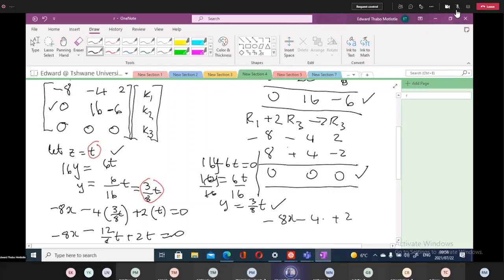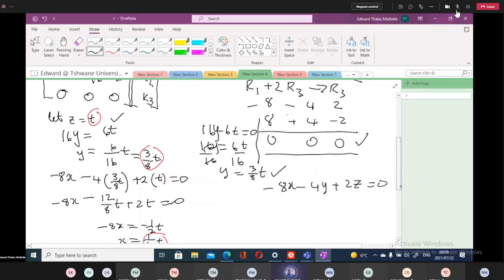So this is X, Y, z equals to 0. So we substitute, let's say this is t minus 4, 3 over 8 t. So minus 8x equals to 0. So if you add these two, what do you get? You end up with plus 2t here, plus 2t.